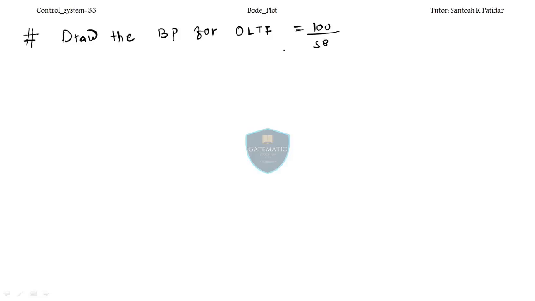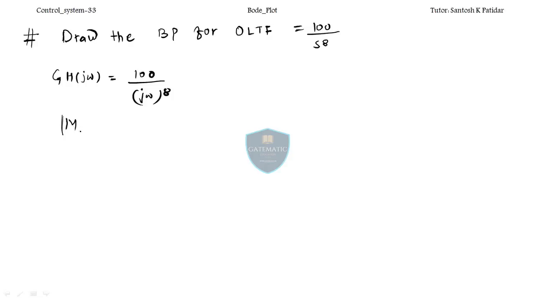Now next we will see this question. Draw the Bode plot for the open loop transfer function 100 divided by s to the power 8. So at s equal to j omega, this is 100 divided by (j omega) to the power 8. Can I write like this? Now let's find out the magnitude directly.